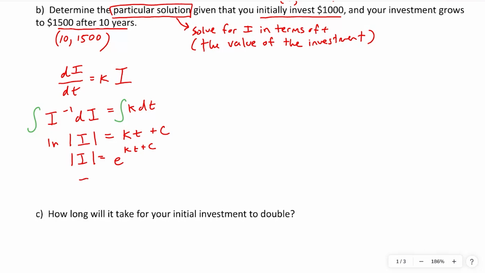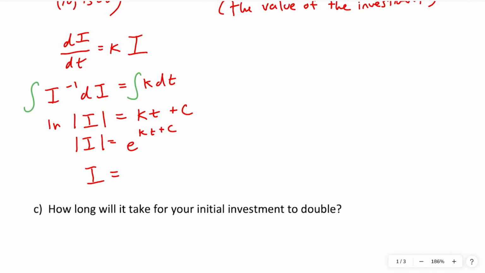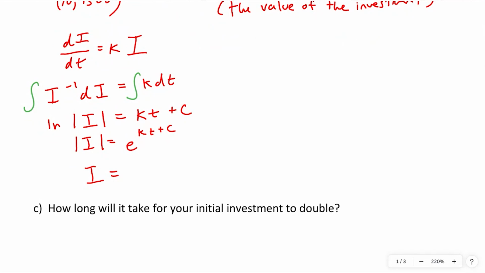So we're going to have I equals, and I'm actually going to write this e a little differently. There is an exponential property that says that if you multiply two powers with the same base, how do you combine those? A to the x plus y. You can add the exponents. But you can also take this property backwards.